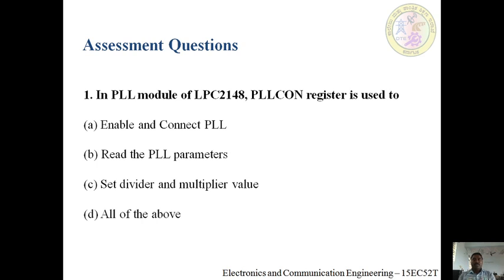Then in the PLL configuration register you have multiplier and divider values, 5 bits for the multiplier and 2 bits for the divider. The multiplier values range from 1 to 32, but maximum M should be only 6 because of the CCLK output limit, that is 60 megahertz only. Then the divider values are 2, 4, 8, 16, because P value will be 1, 2, 4, 8, but it is multiplied by 2 in the block diagram, you can see that.